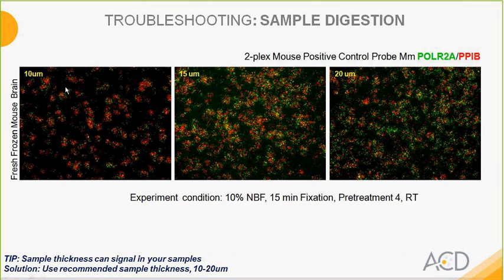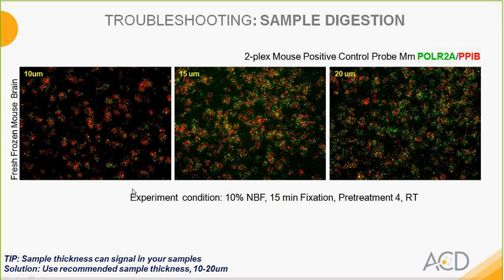Another sample digestion issue that you will face with fresh frozen tissue, as shown here with mouse brain, is the thickness of the sample. As you can see, although the signal comes through with 10, 15, and 20 micron, you see the signal much weaker in 10 micron. Therefore, if you have a weakly staining target, you may lose the signal if you use a thinner section.